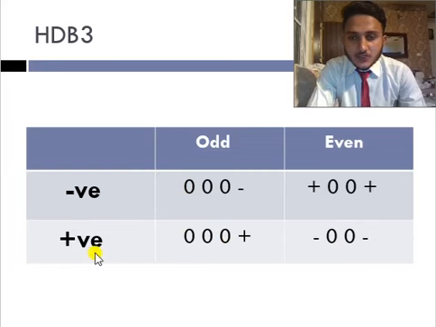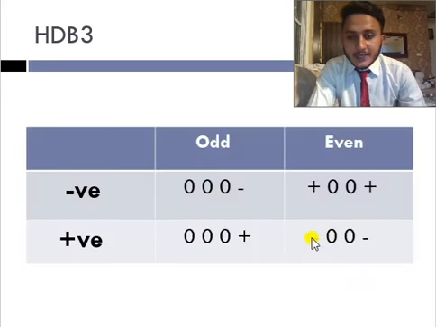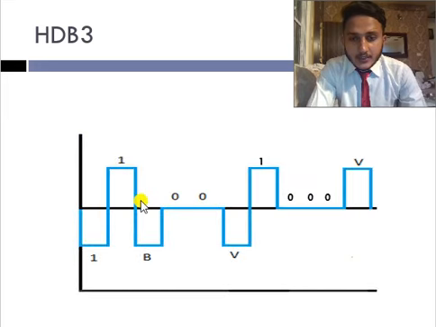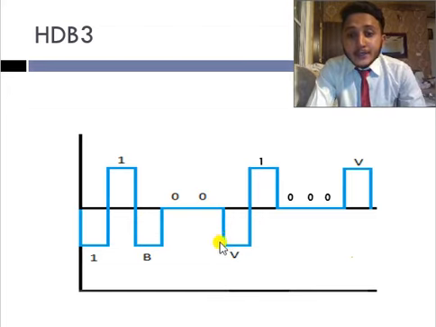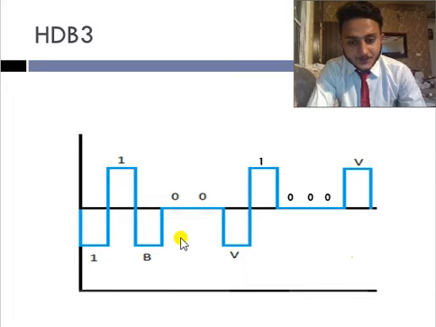The last one signal is positive and the number of 1s is even, so we use this pattern: negative half, 0 0, negative half, and again 0 0 and negative half. And here is a violation because the last one signal and the next one signal are the same, both negative. And here is the bipolar because the last one signal is positive and the next one signal is negative.